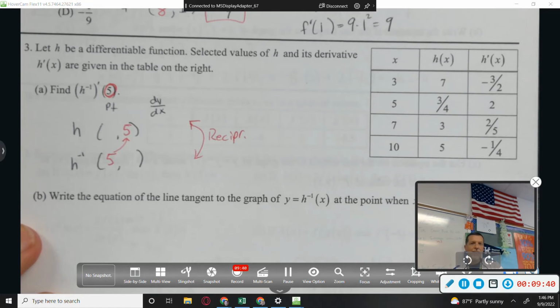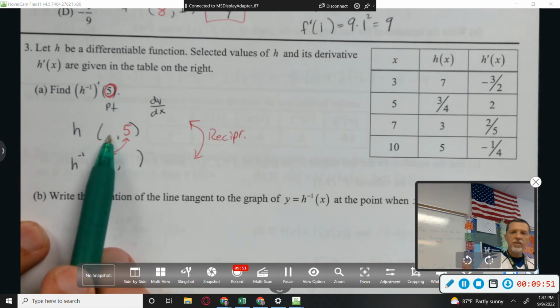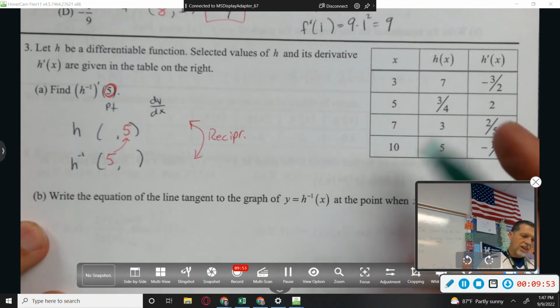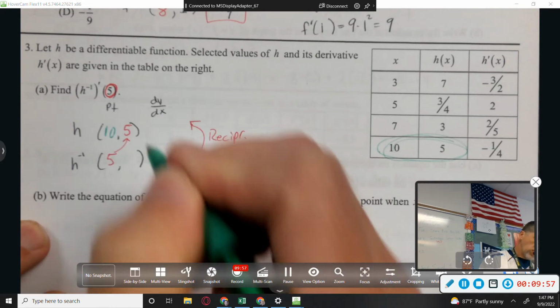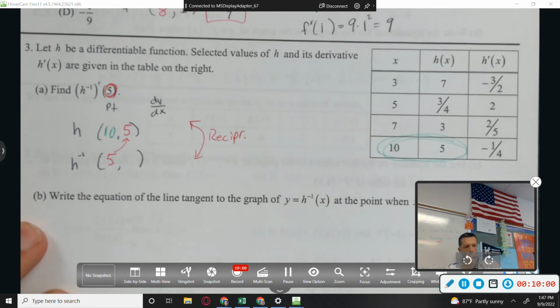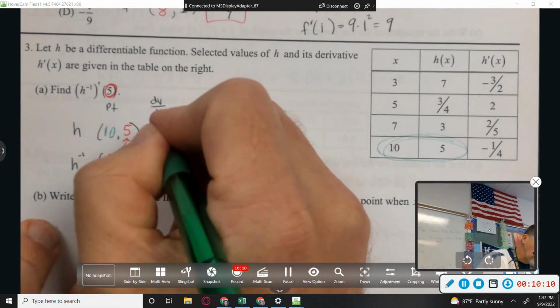I would really like the x value that goes with the y value of 5. So if the y value is 5, what's the x value? 10. So I need the derivative of h at 10.